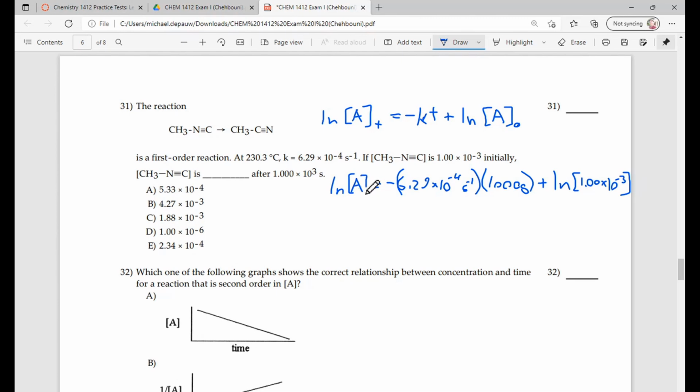Now, rather than trying to solve this all in one swoop and raising e to both sides and putting this whole thing in e, I would recommend first calculating what this number is and then taking e and raising it to it.